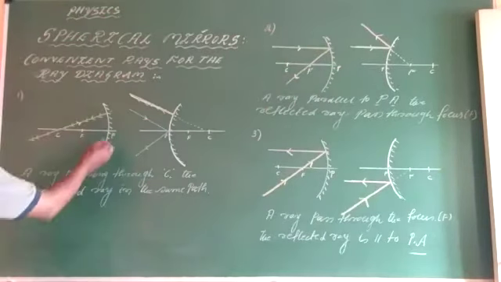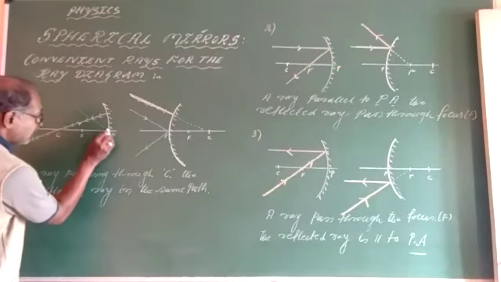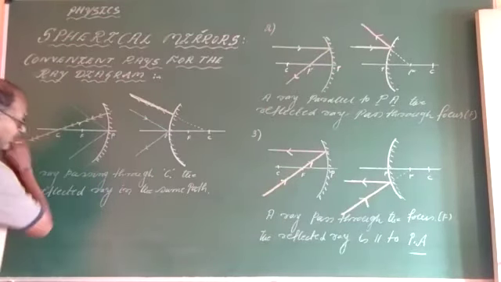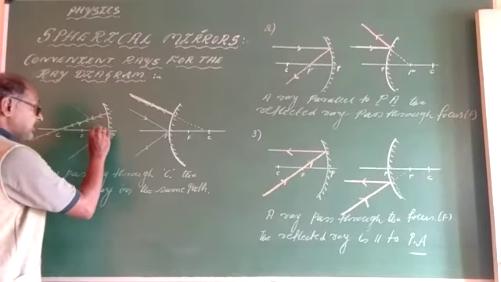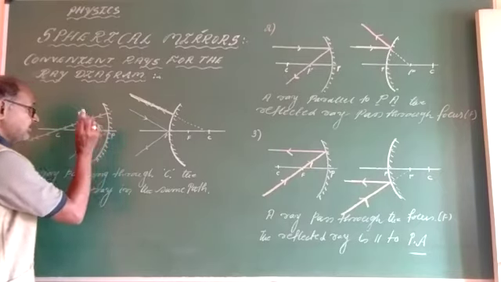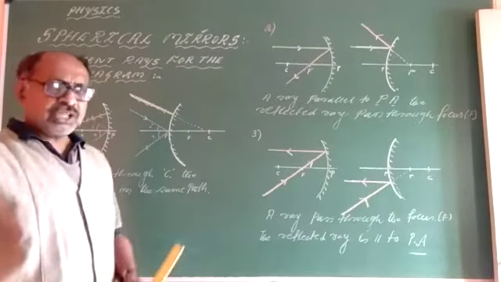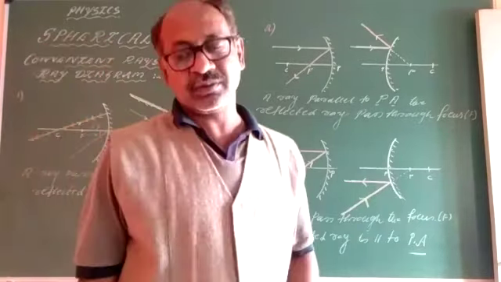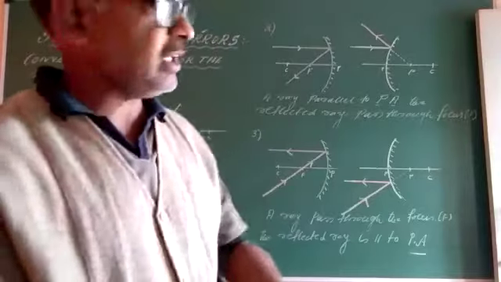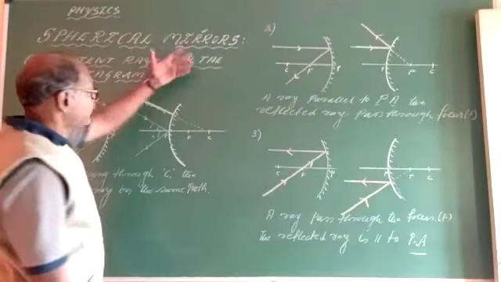This happens in the concave also, like this and like this, where the incident ray equals the reflected ray. So these are the four cases we need to study to construct the ray diagram.